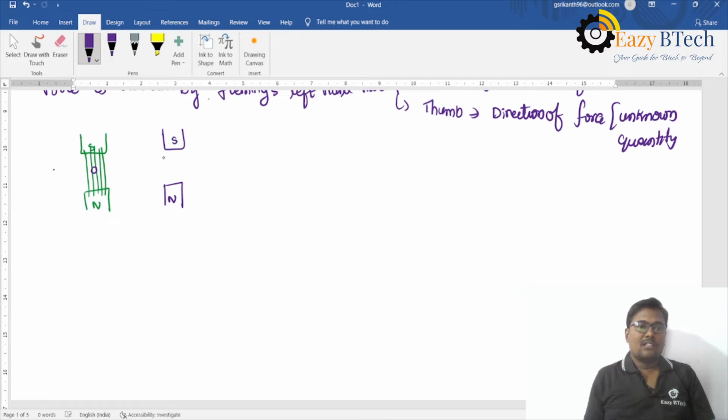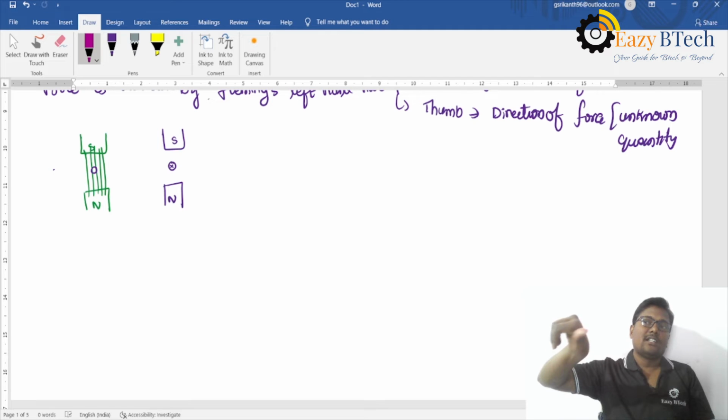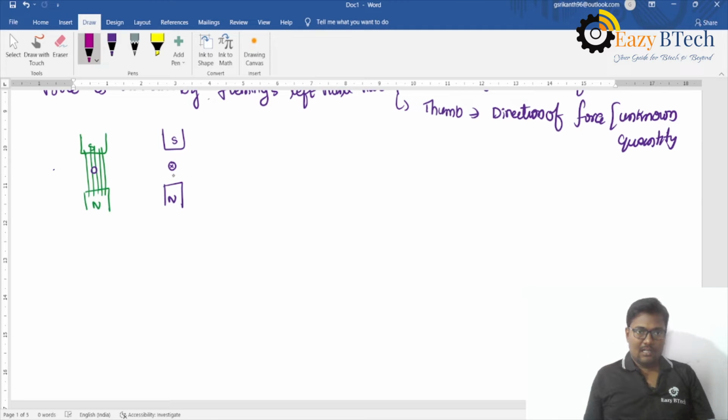If the current passes into the conductor, then by applying the right hand grip rule, the flux produced by the conductor is clockwise. These are called the flux lines produced by the conductor.